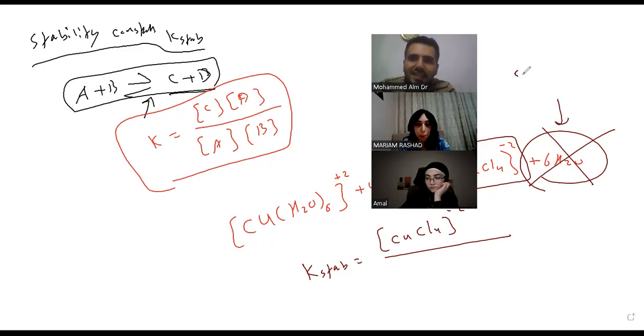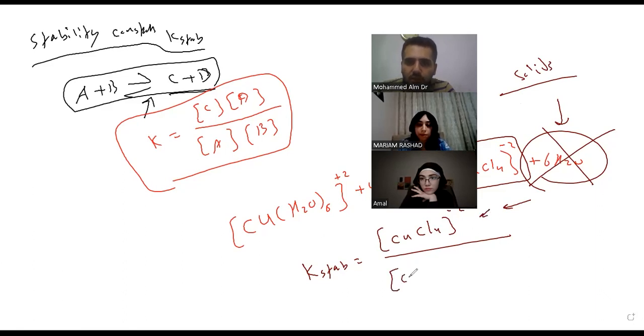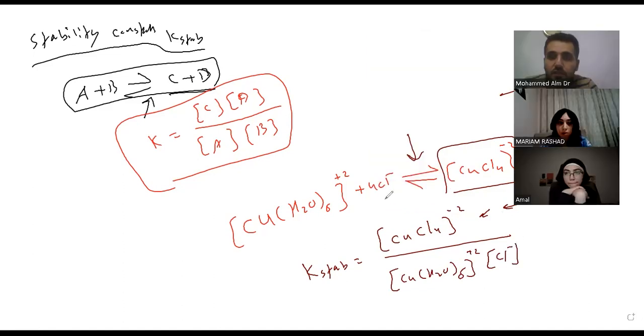Water and solids are never included in equilibrium at all. So water, we don't write it here. Down below, we have the copper complex. Here, water is in a complex. And we have Cl minus. But how many moles of Cl minus? 4 moles. That's why we will raise this one to the power of 4. And this is, guys, the correct equilibrium expression for this ligand substitution reaction.